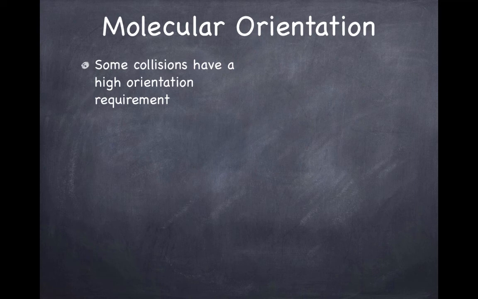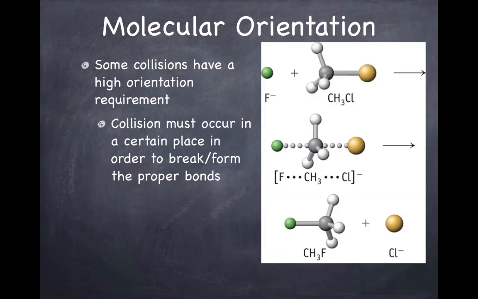Some collisions have what we would say a very high orientation requirement, where there's a very specific place on that molecule where the collision has to occur. Some have a very low orientation requirement. So here we see a reaction. I wouldn't say if this is a high or a low. This is probably kind of a low orientation requirement.